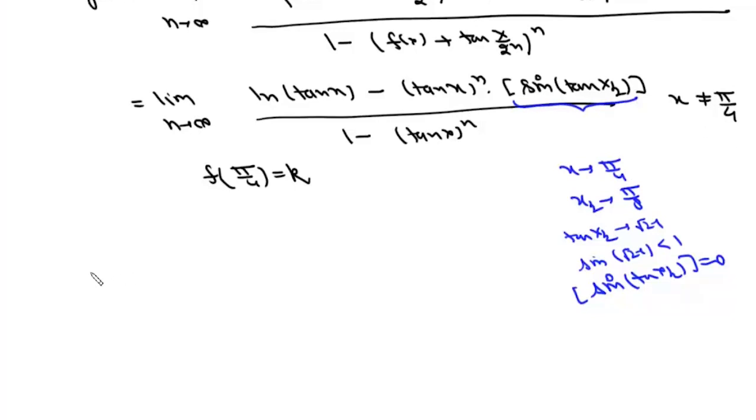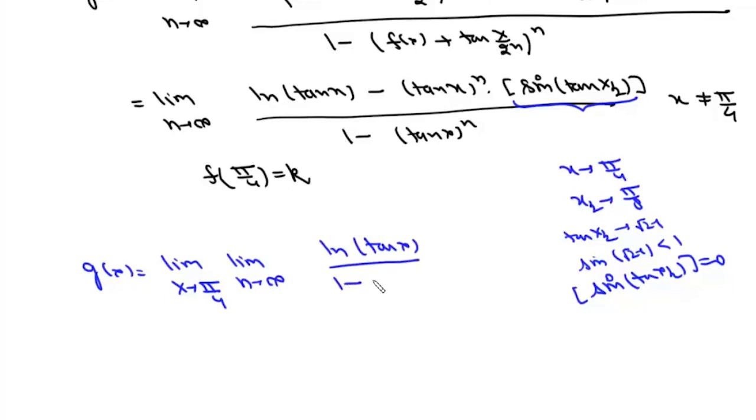So we'll write this as g(x) equals limit x tends to pi by 4, limit n tends to infinity, log tan x upon 1 minus (tan x) to the power n.